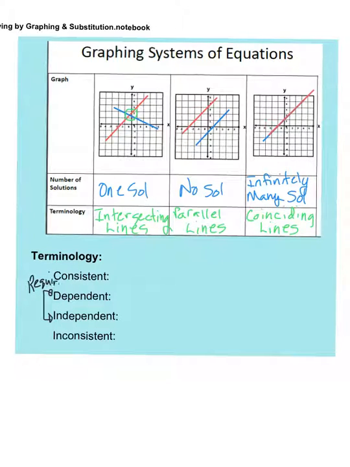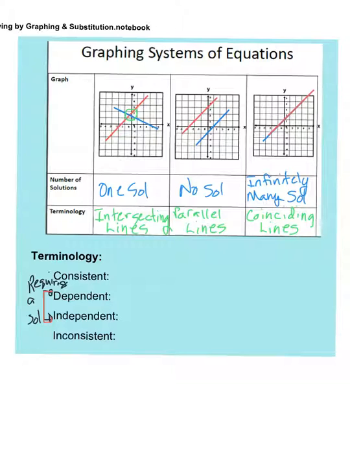So those two, dependent and independent, require a solution. That means that parallel lines, which have no solution, could not be dependent or independent. All types of linear systems, whether one solution, no solution, or infinitely many, can be listed as consistent or inconsistent. So let's start there.